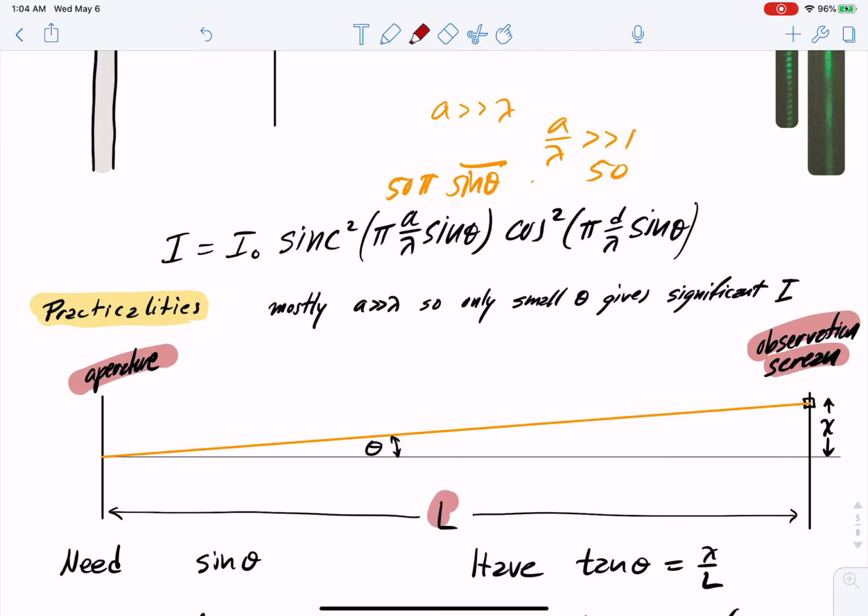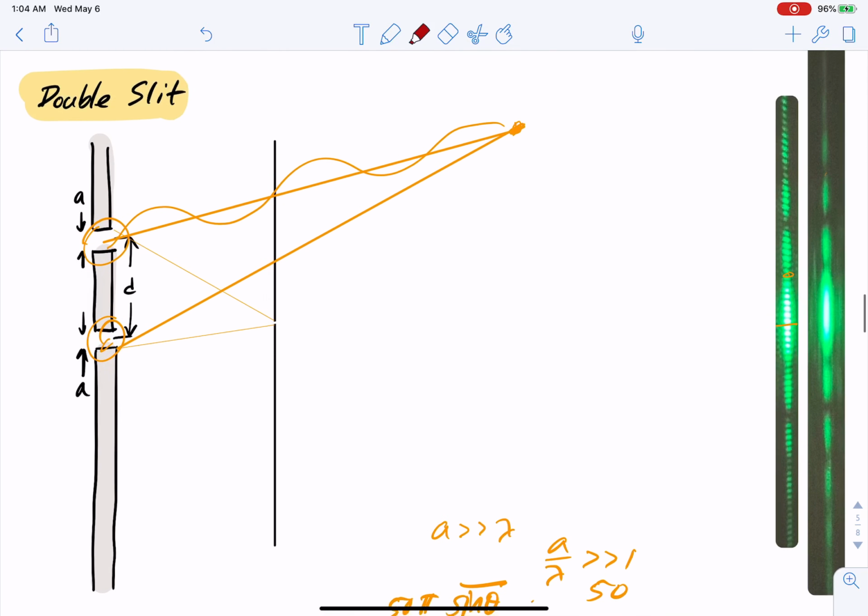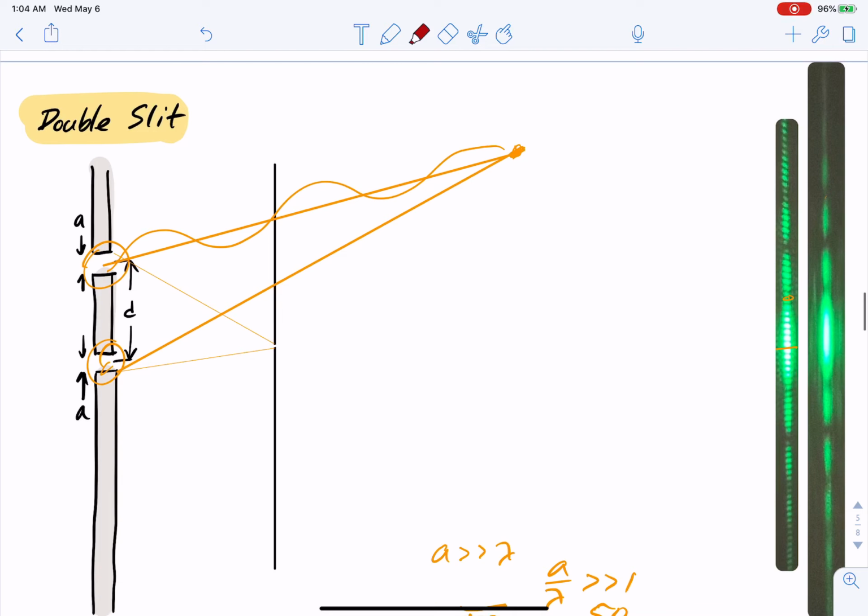They're separated by a distance L. Now this is the distance from the center out to where you're interested in. So again, we want to know what the intensity is out here. So I measure the distance from the center. So x is this distance from the point you're interested in, the interference pattern, to the center.